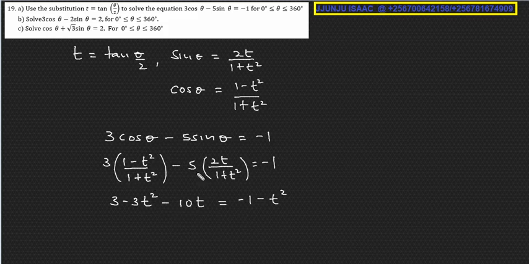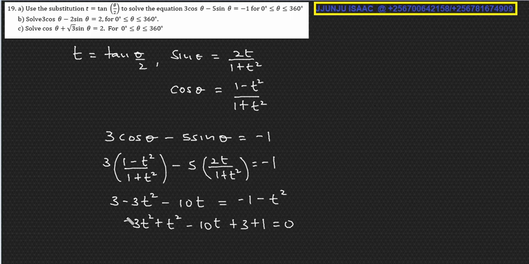If we multiply with 1 plus t squared throughout, then we shall be having our t. Let me say this is -3t squared plus t squared, then minus 10t plus 3. This 3 here, I bring 1 this side, then plus 1 equal to 0. I have brought terms on the right to the left part.